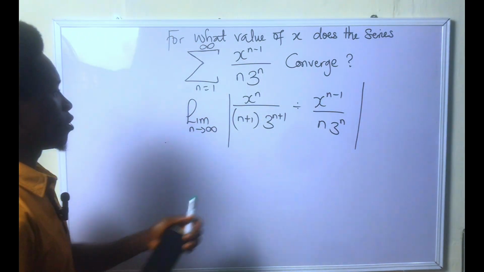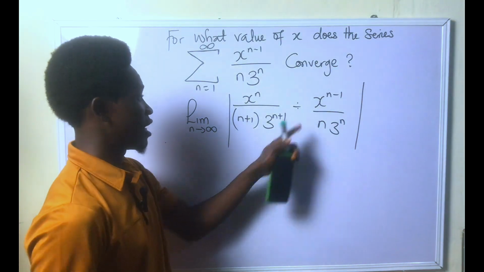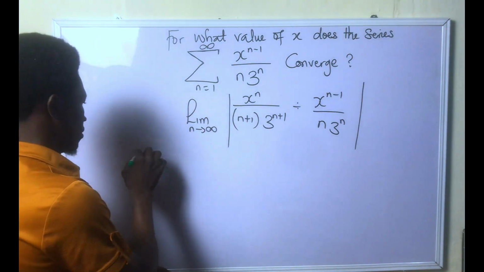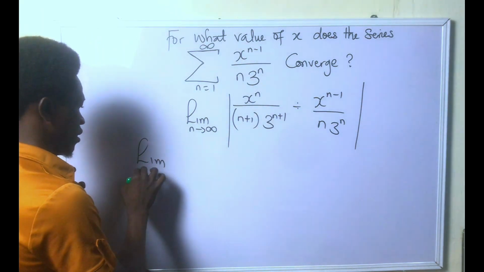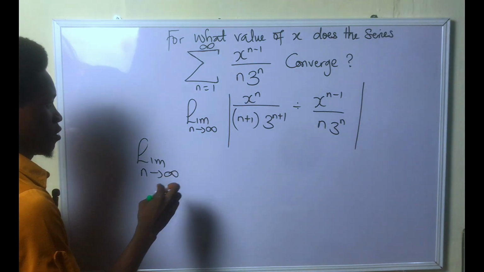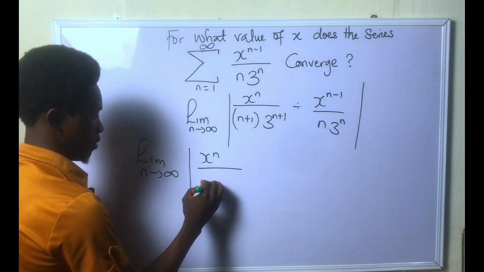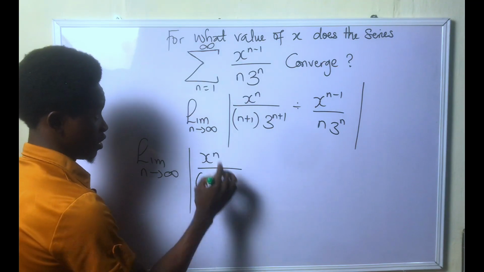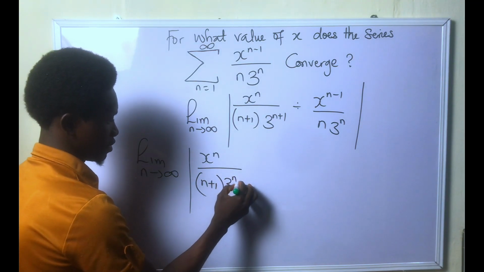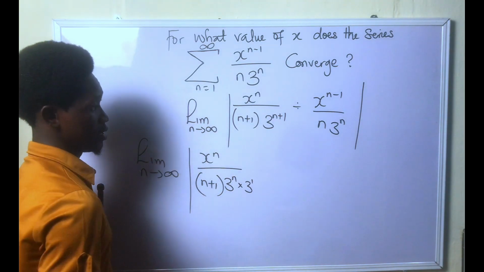So knowing this fully well, this can be changed to a multiplication. I will have the limit as n tends to infinity of x^n over (n+1), then 3^(n+1), which is 3^n times 3 from the law of indices.